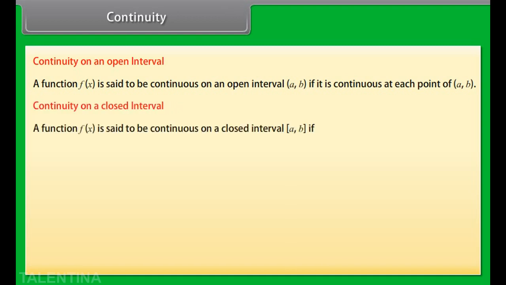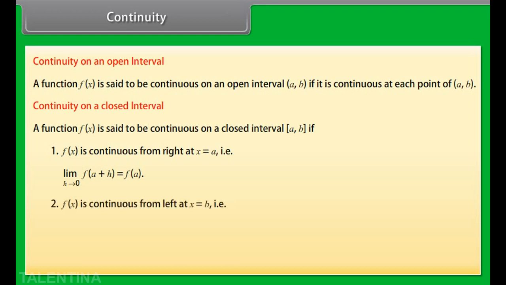A function f of x is said to be continuous on a closed interval a, b if 1. f of x is continuous from right at x equal to a. That is, limit h approaches 0 of f of a plus h is equal to f of a. 2. f of x is continuous from left at x equal to b.